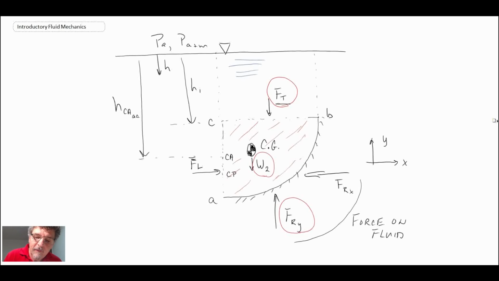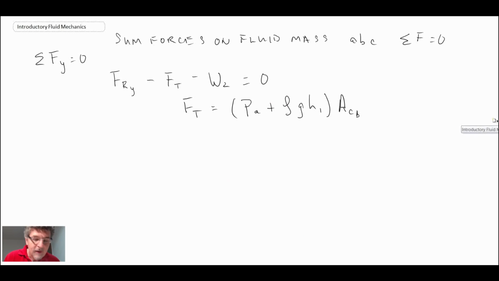For the force on the top, that is going to be this depth, H1, and that will give us the hydrostatic pressure multiplied by the area, and the area there would be CB. This is assuming unit depth that we're looking at, and that's why we've defined that as being ACB. With that, we can write Fry.